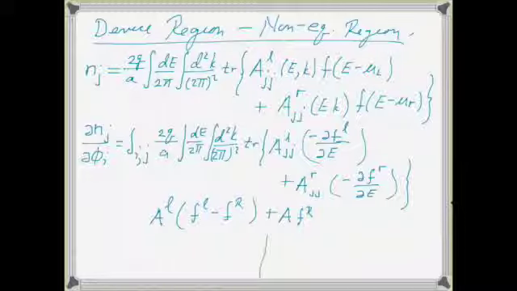If you use this other, more numerically efficient expression, all these get replaced with just negative df dE: dfl dE, negative dfr dE, and negative df dE. So wherever you see an f, you replace it with negative df dE in the calculation of your charge for your Jacobian.